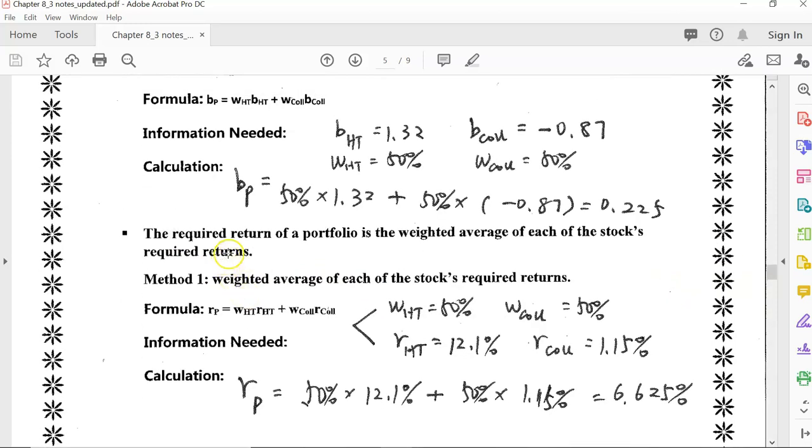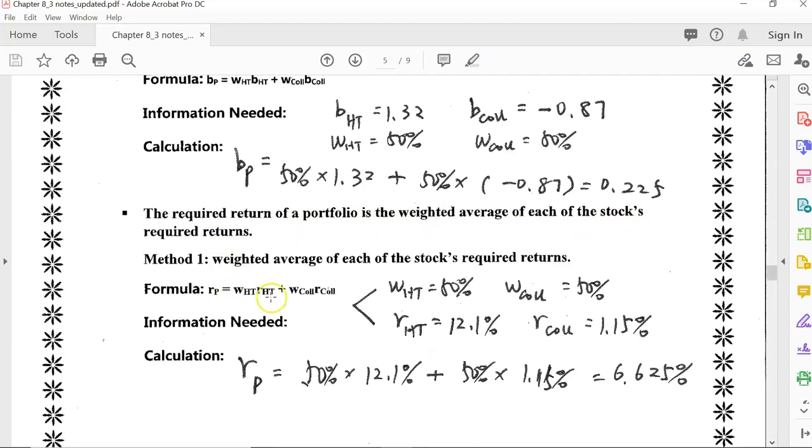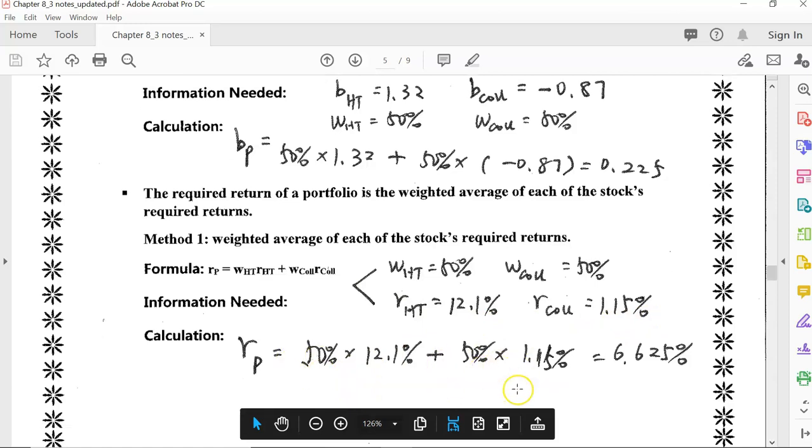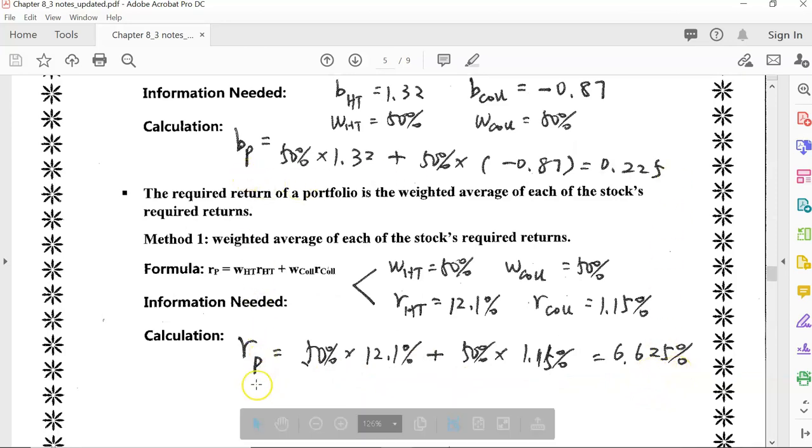The required rate of return for the portfolio again is the weighted average of the stock returns. The returns for these two assets are 12.1% and 1.15%. We multiply by 50% for each stock return. The portfolio return is 6.625%. This is how we calculate portfolio beta and portfolio return by taking the weighted average of the betas or the returns.